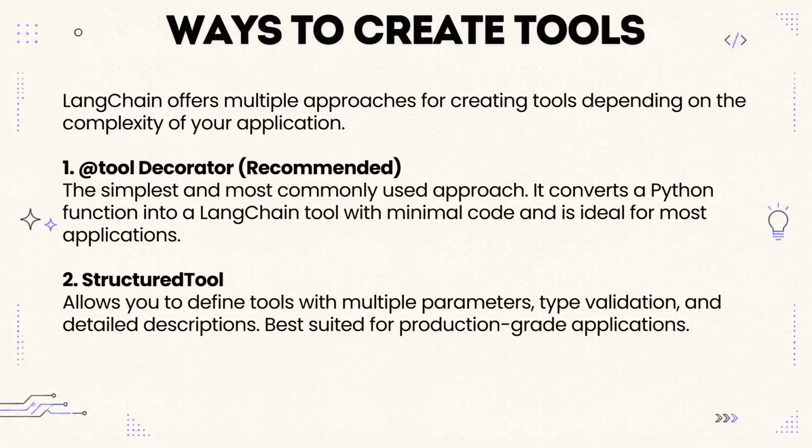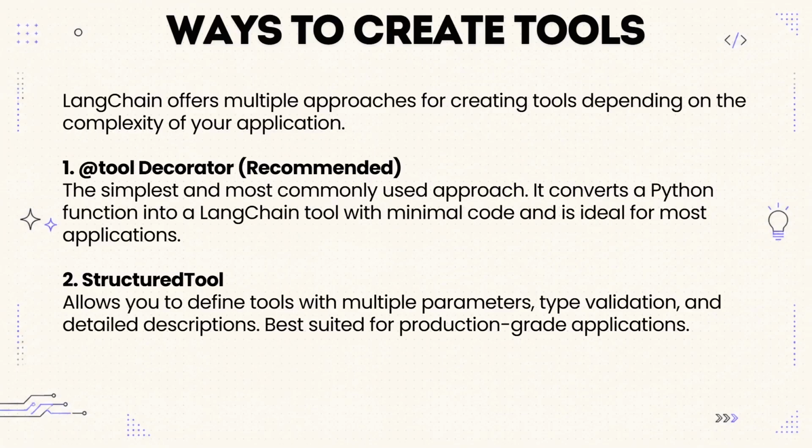Now let's understand the ways we can create a tool. LangChain offers multiple approaches for creating tools depending on the complexity of our application. First is the tool decorator, which is the easiest and most commonly used method.